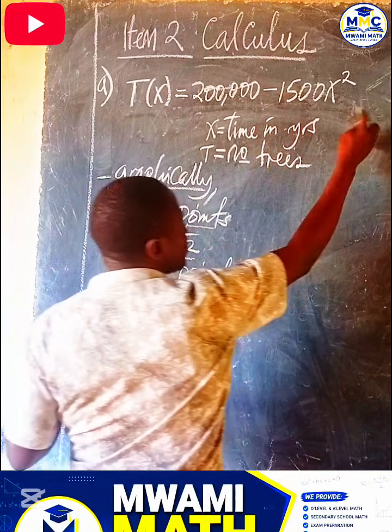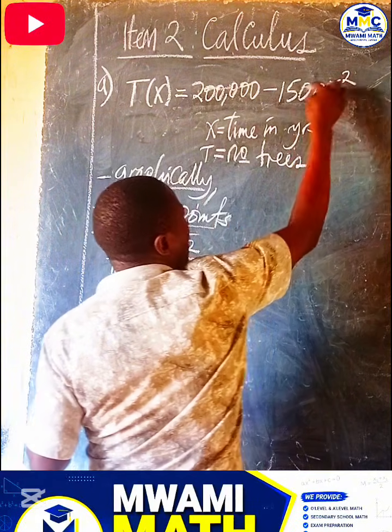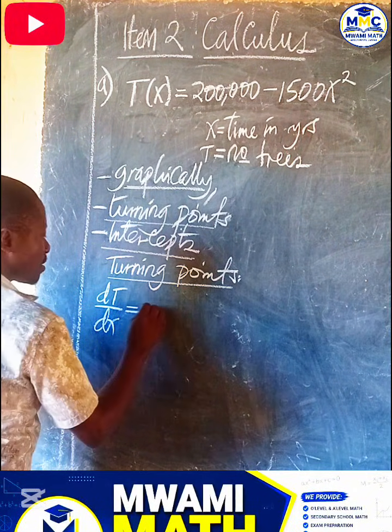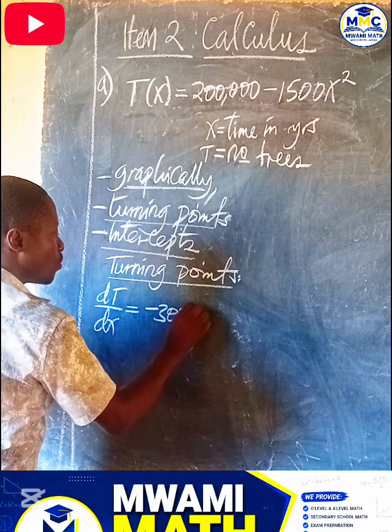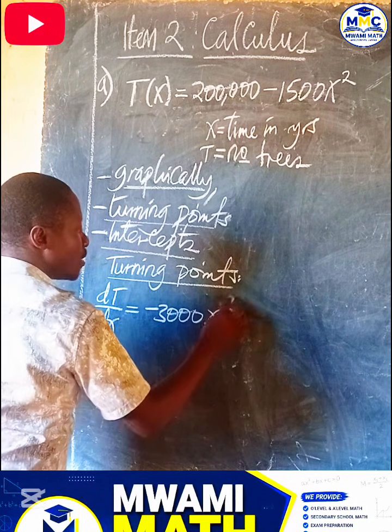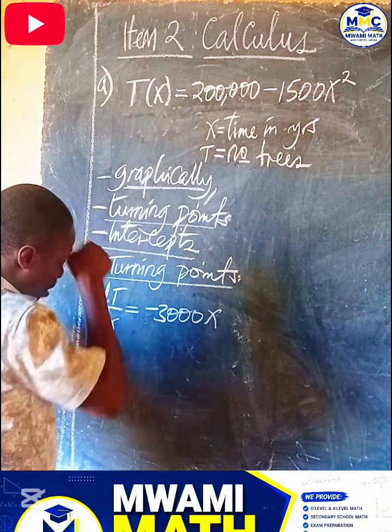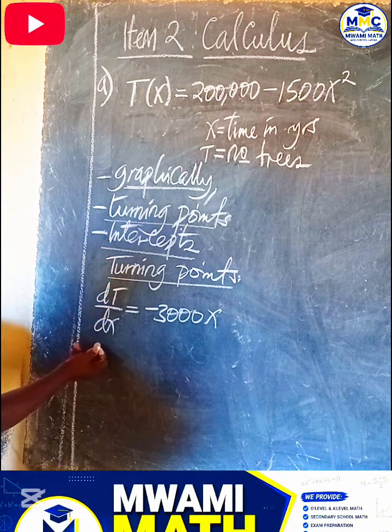Then when you are differentiating, multiply the power by the coefficient. So 2 times 1,500 negative, that is negative 3,000 x, then reduce the power by 1. So this is what we call our gradient function.